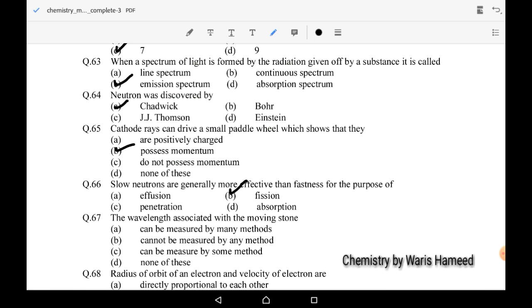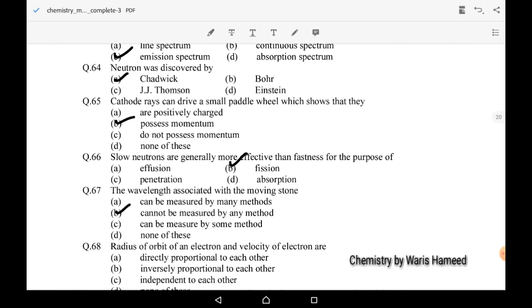The wavelength associated with the moving stone cannot be measured by any method. Next MCQs.